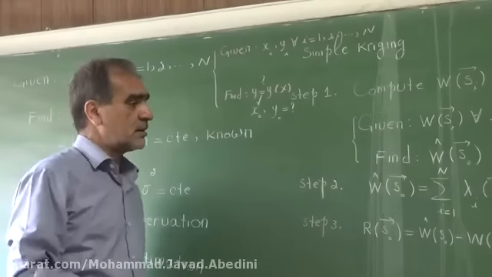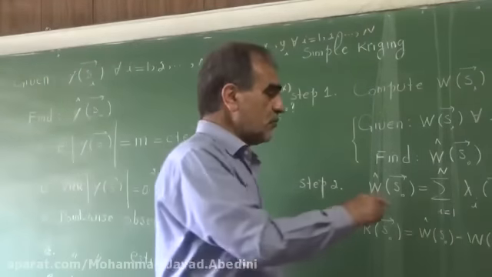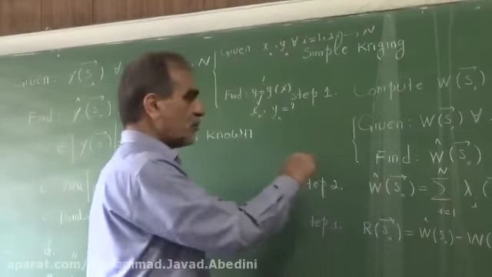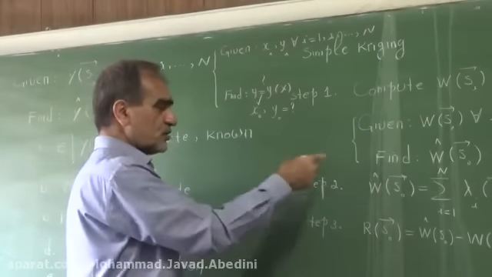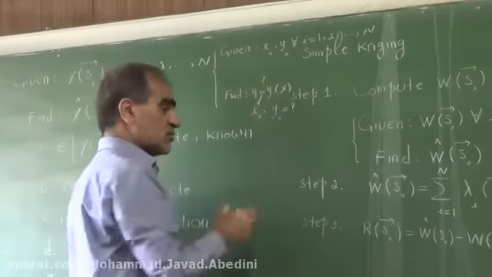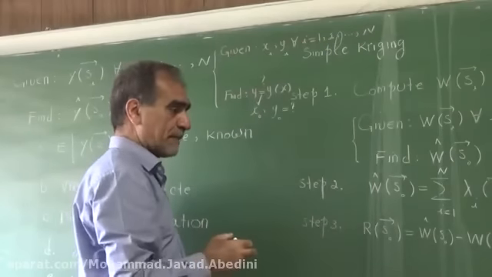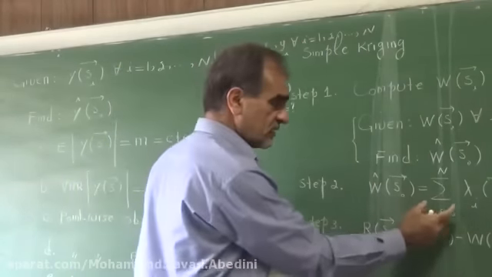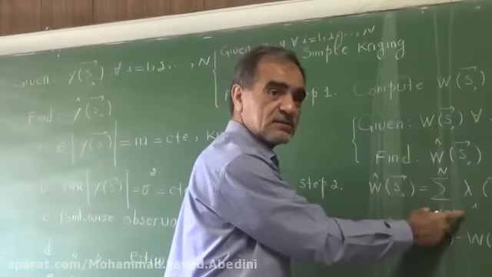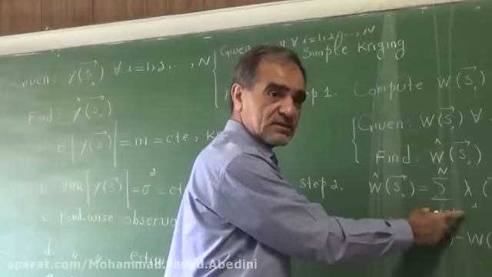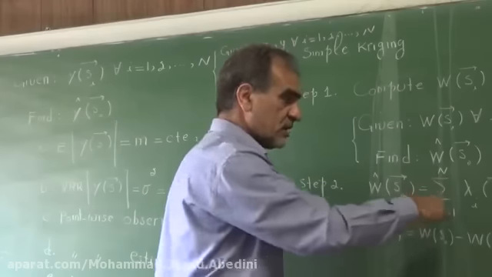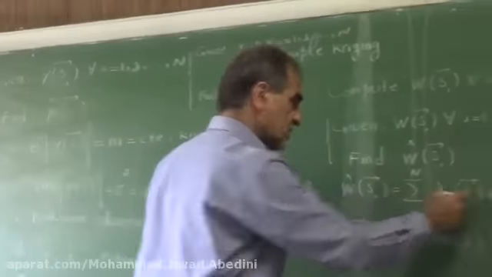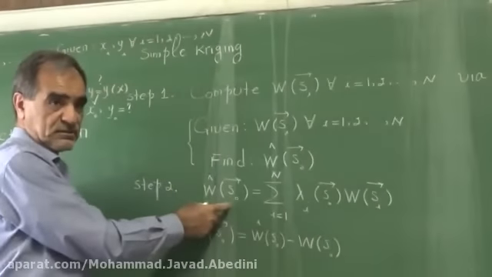And if you want to compare step 2 with what you would have when you want to solve this problem, here the mathematical model is this in geostatistics. A linear relationship between observation and estimation.